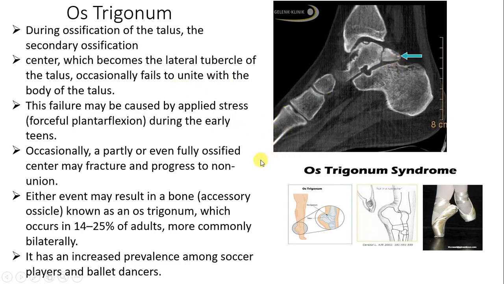This failure can be caused by applied stress during the early teens, forceful plantar flexion, and then it becomes fully ossified and remains separate. An accessory bone is formed, the os trigonum, which can be bilateral, and is more common among soccer players and ballet dancers, and it can cause some problem in function.